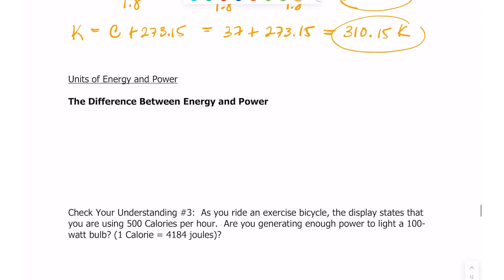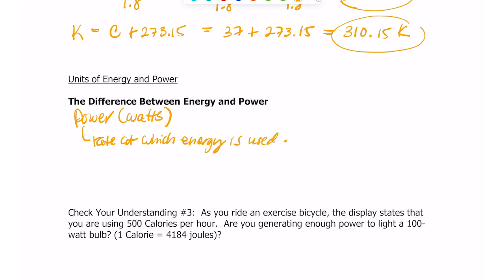Let's look at units of energy and power. Like, first of all, what is the difference? So power is measured in watts, W-A-T-T-S, and power is the rate at which energy is used. Okay, what is energy?